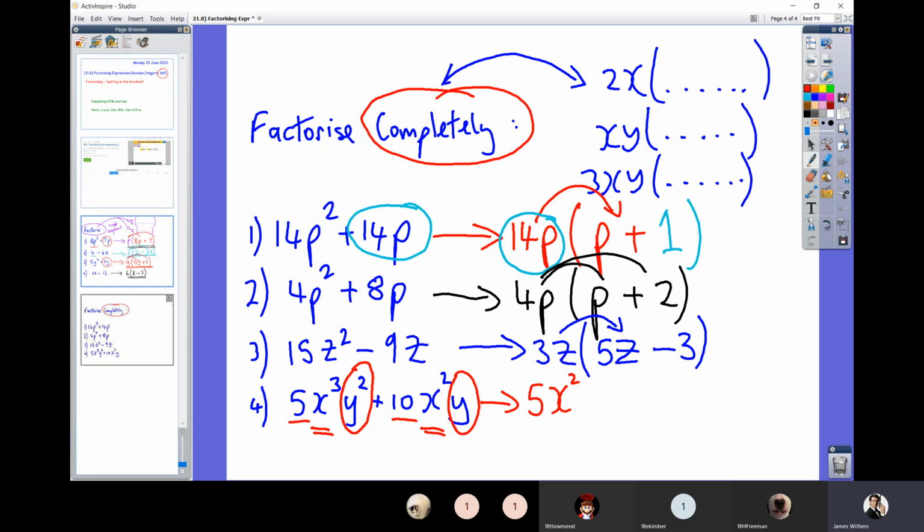What's the highest number of y's that's common to both? Well, that's a single y. So on this occasion, you can see I've taken out 3 components. Open my bracket. Now, what do I need to add in here? I need another x and I need another y. Get your sign right. And what do I need to get this? I just need a 2. So I've already got my x squared and my y.